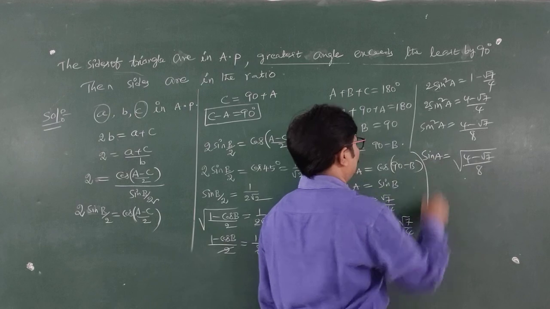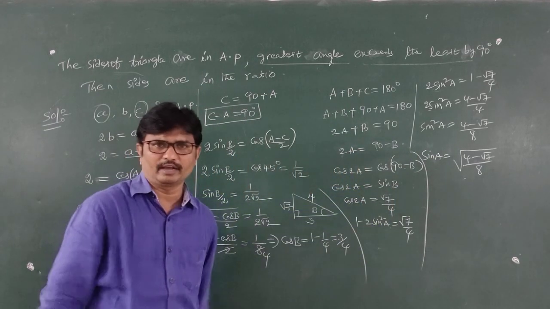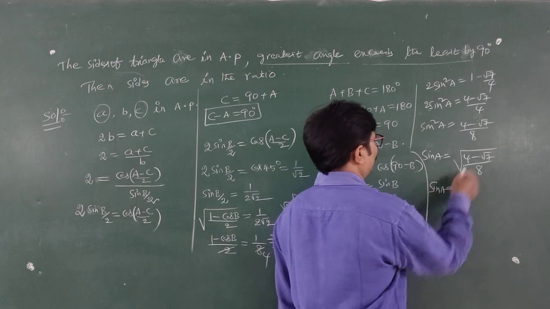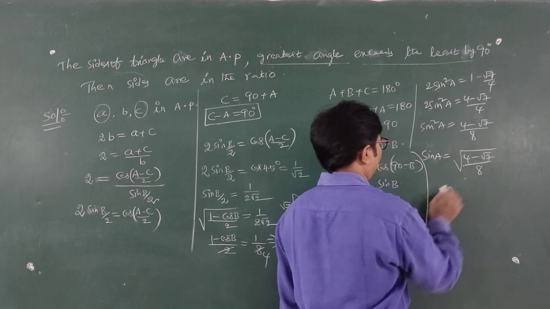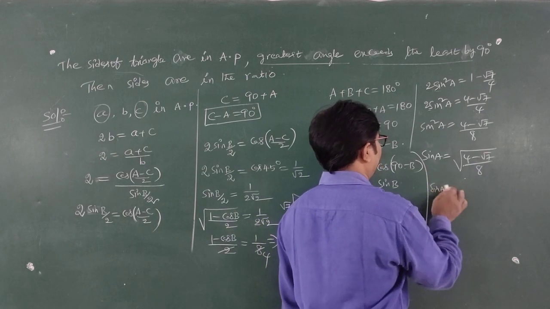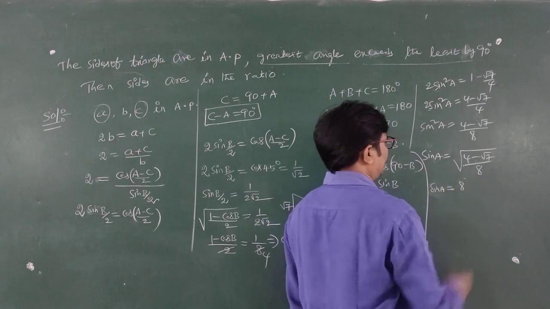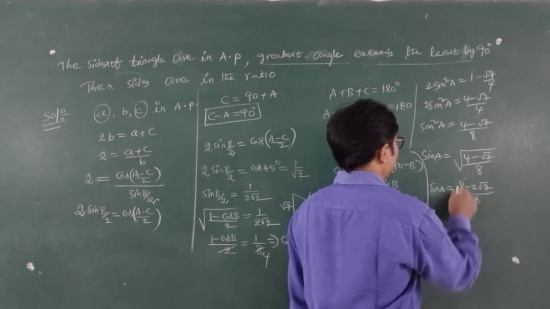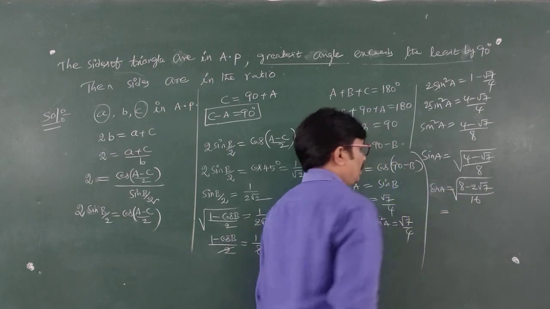So students, how to find the square root? Here sin A equals, we multiply the numerator and the denominator by 2, giving (8 minus 2 root 7) upon 16. Dear students, how can you write this?